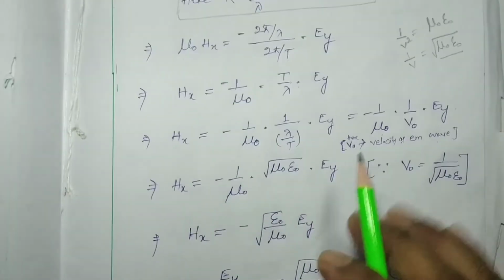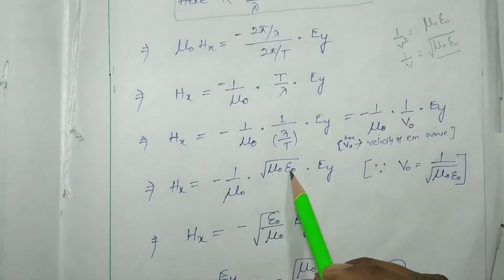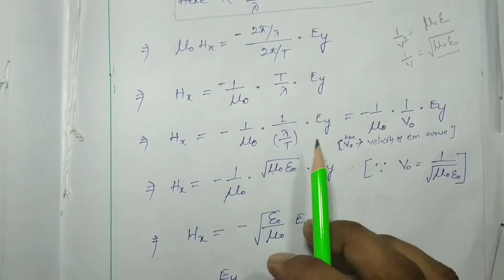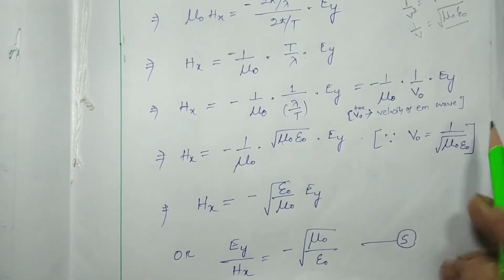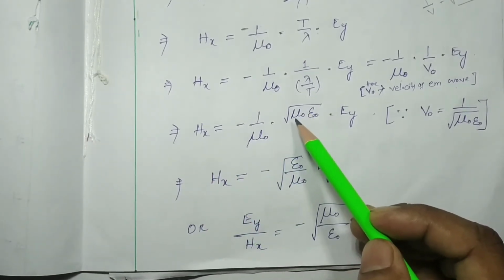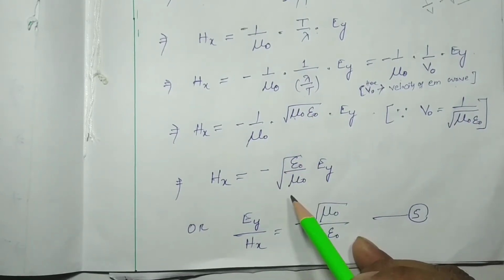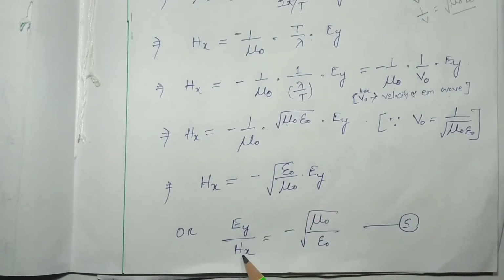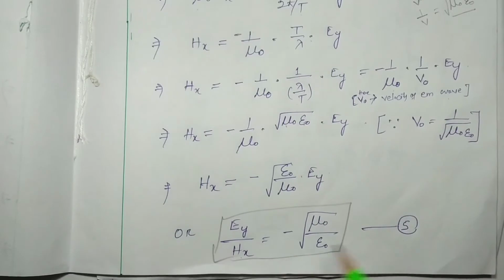So minus 1 by mu 0, times root over mu 0 epsilon 0, into Ey. Here I have written this because v0 is nothing but 1 by root over mu 0 epsilon 0. So that implies Hx will be equal to minus 1 by mu 0, root over of mu 0 epsilon 0, so mu 0 gets cancelled, and we find minus root over of epsilon 0 by mu 0, into Ey. Or we can write that Ey by Hx equals minus root over of mu 0 by epsilon 0. Let it be equation number 5.